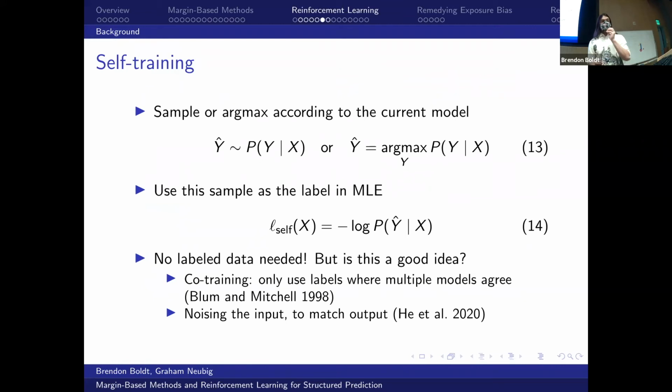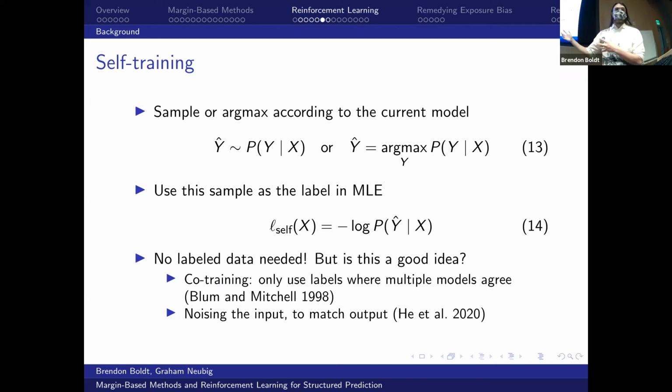Next we're going to talk about self-training. This is a little bit weird at first. When I first heard about self-training, I didn't really get it. But what you're going to do is take a model that already has some training, hopefully a fair amount, and sample from the model by feeding inputs into it, and generate Y hat.